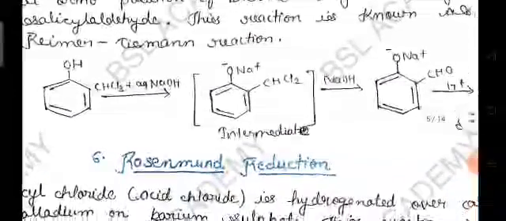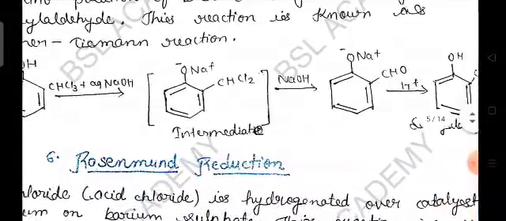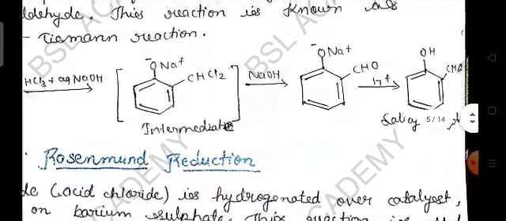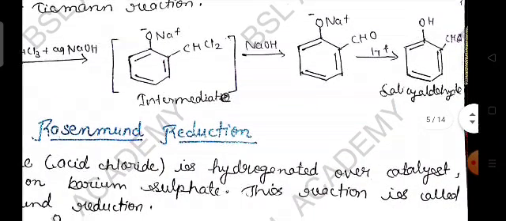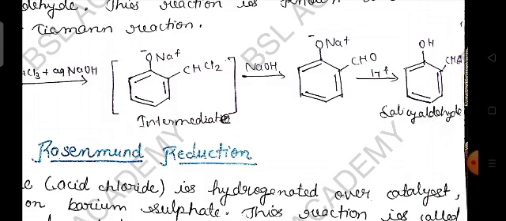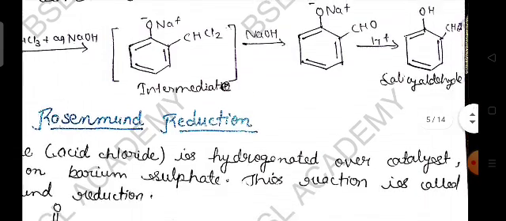This reaction is known as the Reimer-Tiemann reaction. So here you can see its reaction. Here we have got salicylaldehyde. This is the structure of salicylaldehyde: this is benzaldehyde and this is the hydroxyl group on its ortho position.